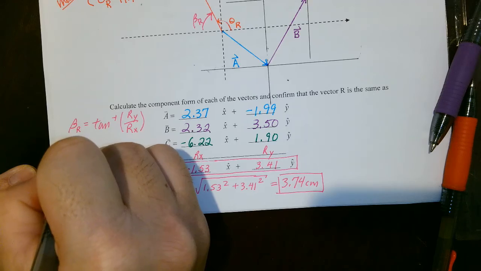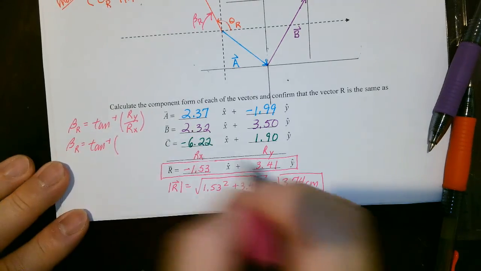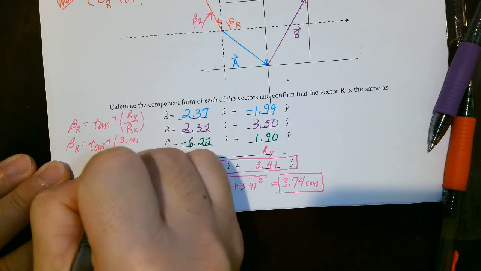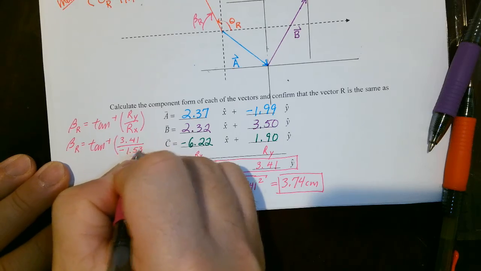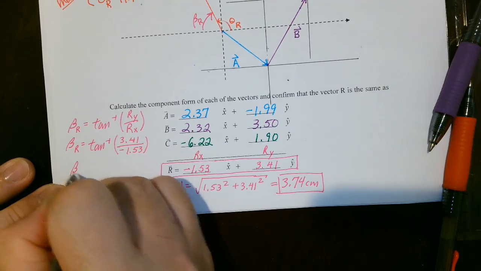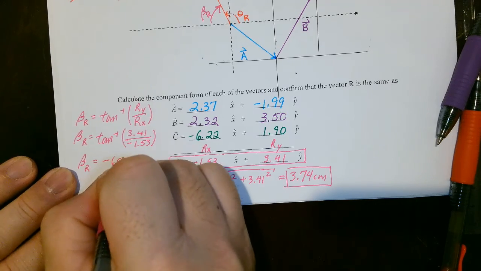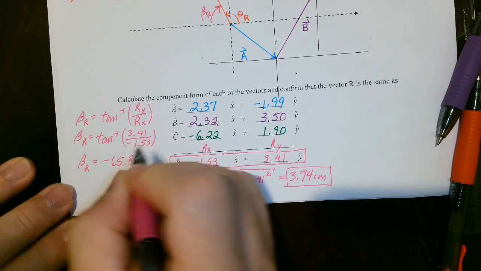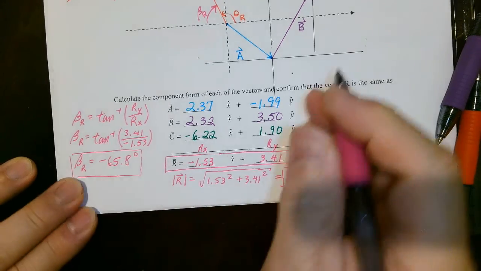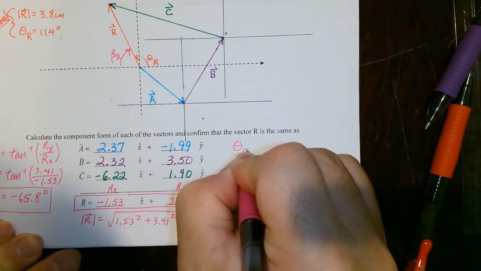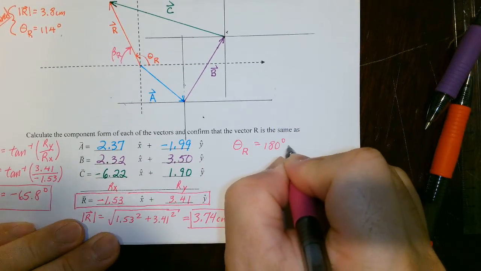Therefore, my beta r is equal to tan inverse of ry, which is 3.41, over Rx, which is negative 1.53. So my beta R comes out to negative 65.8 degrees.